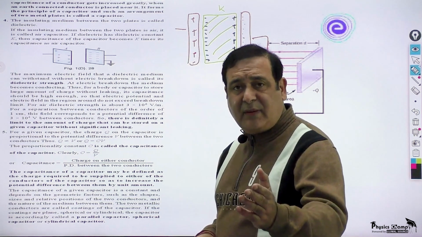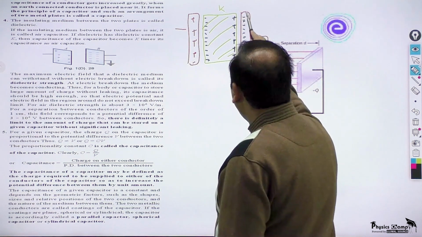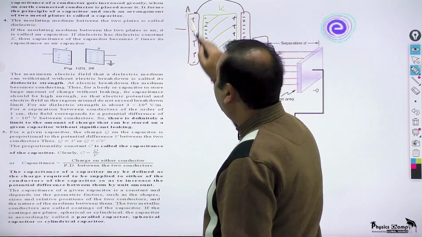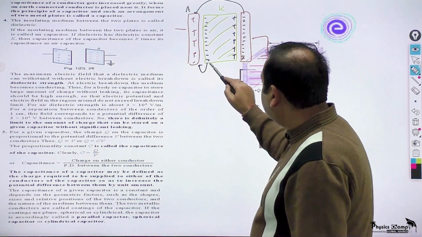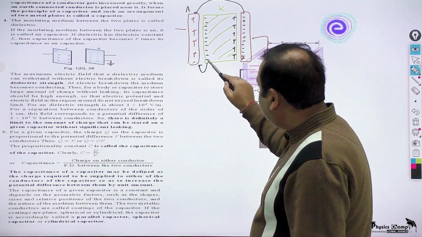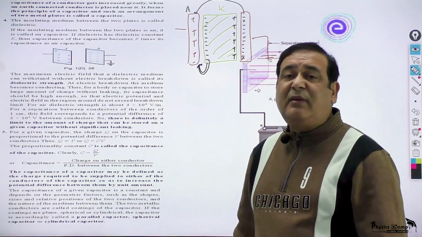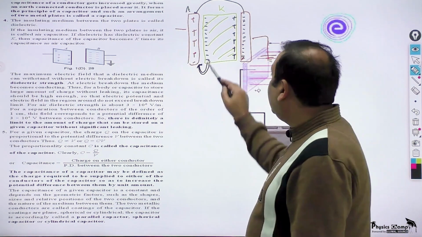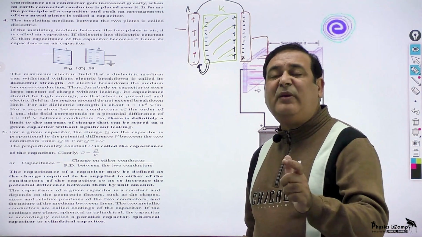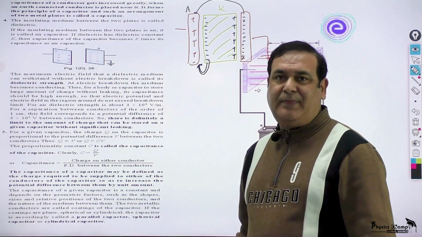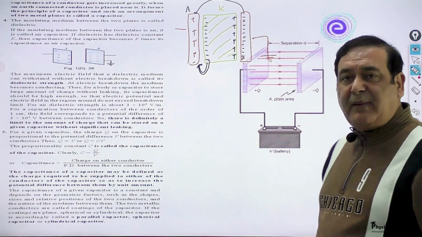So you can imagine that this minus charge, which was reducing the potential of plate A earlier, has reached so close. This induced charge, in addition to the induced charge which is decreasing the potential of plate A, has reached so close, and that's why it increases the capacitance manifold. So this is all about the principle of a capacitor.